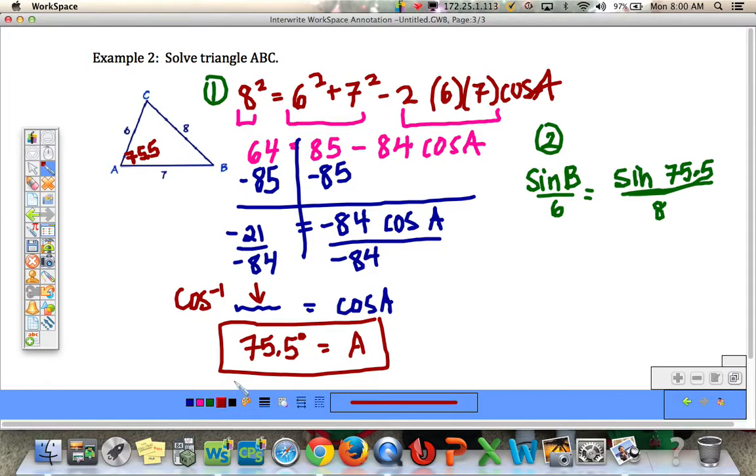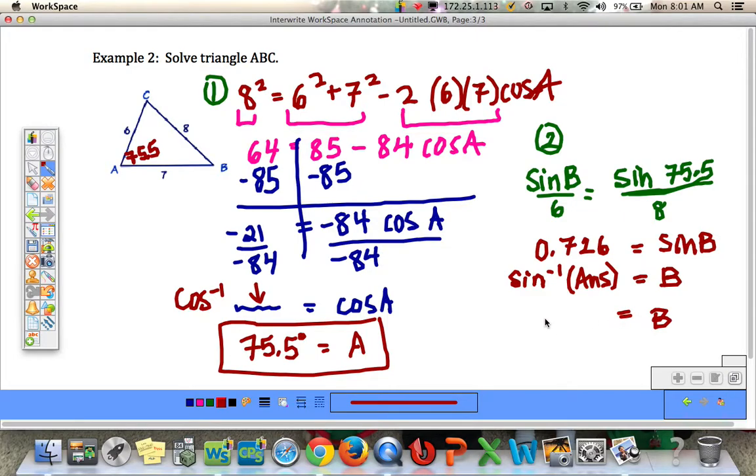Cross multiply and divide. And when I do that, I get about 0.726 is equal to sine of B. Take the sine inverse of that, use your calculator, equals B. And B is about 46.6, if I round, degrees.